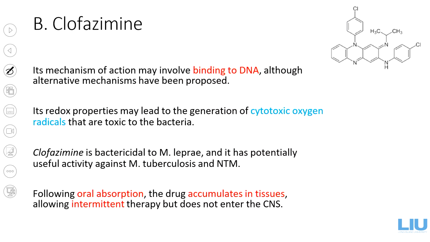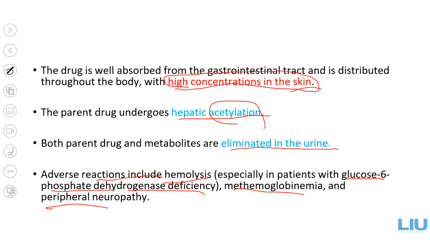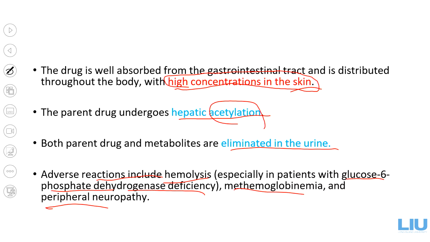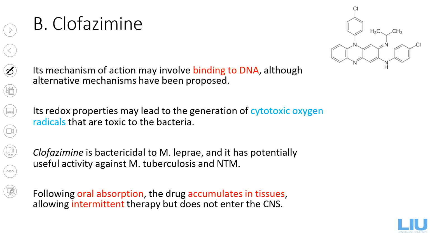That's it. Okay, clofazimine, the second one. We said dapsone and rifampin, and adding clofazimine in case of multibacillary cases. Since we covered rifampin already, we're going to talk about clofazimine. It binds to DNA.